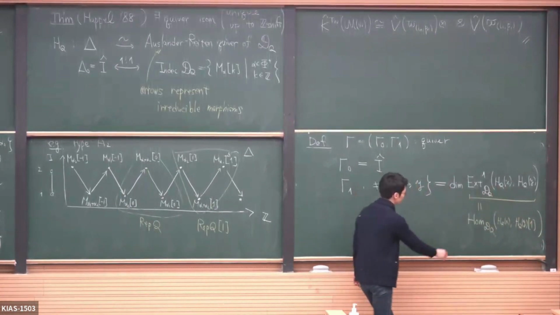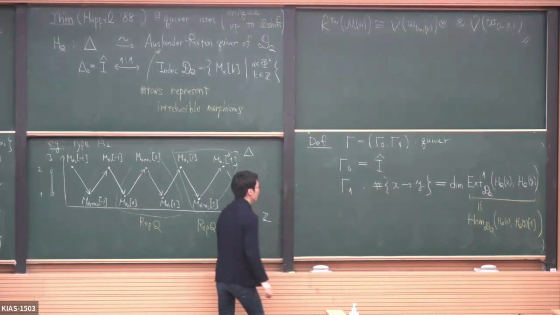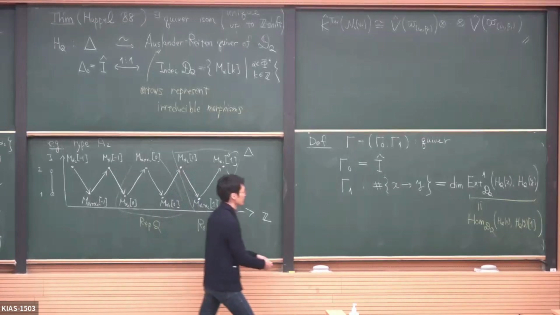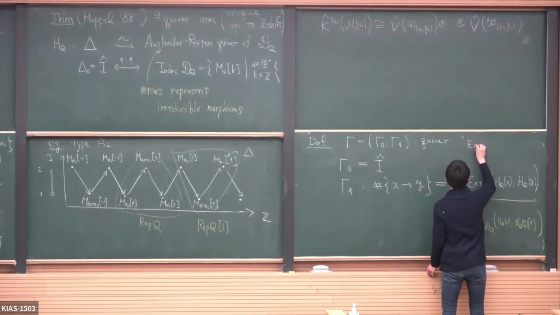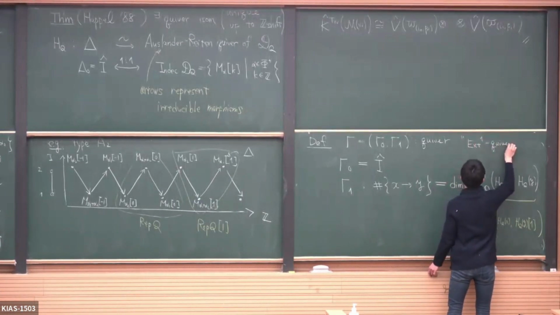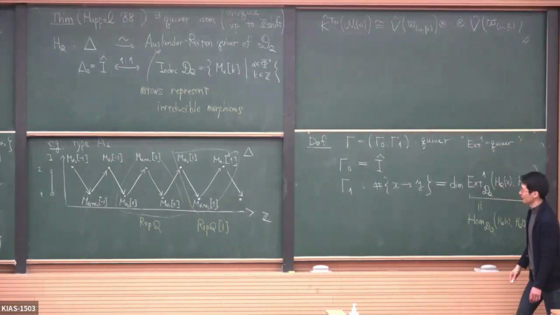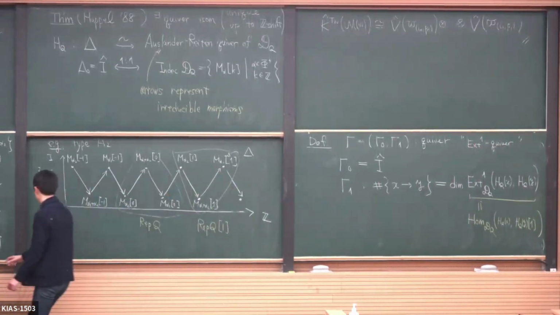Okay, so this is the definition of Ext^1 in the derived category. And we consider this quiver. So this is maybe the Ext^1 quiver of the derived category.